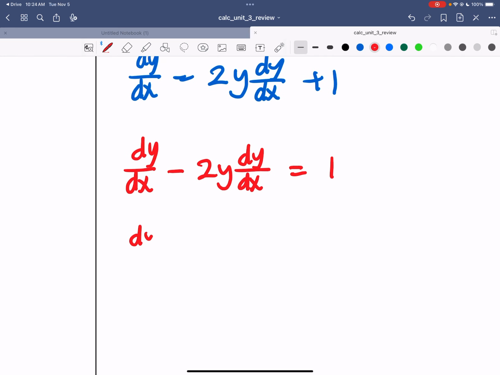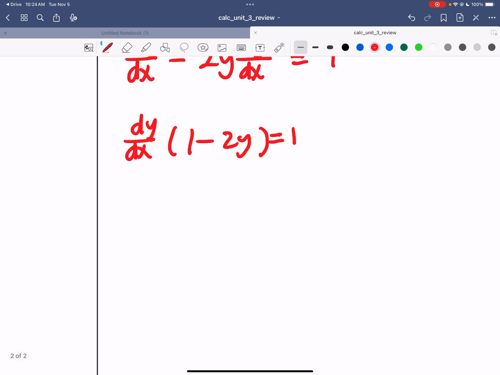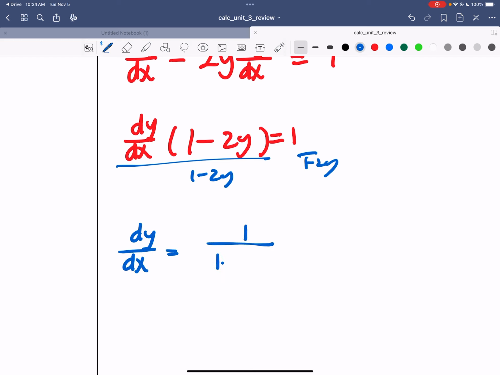So it's going to be dy/dx times (1 minus 2y) is equal to 1, as you can see. And I'm going to divide by these y values, like this one. So I will have dy/dx is equal to 1 over 1 minus 2y.